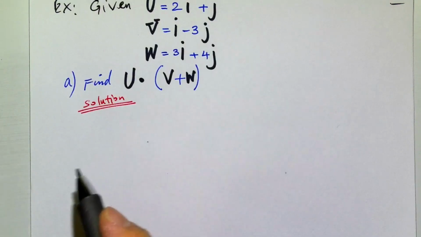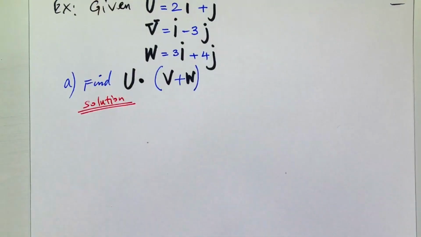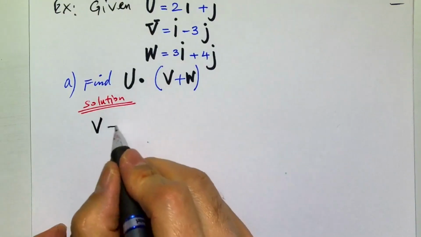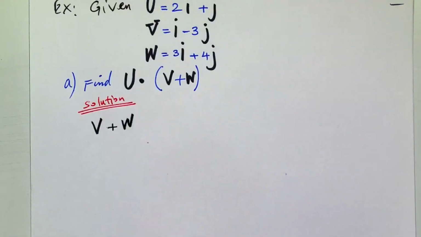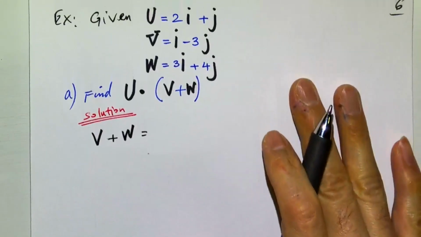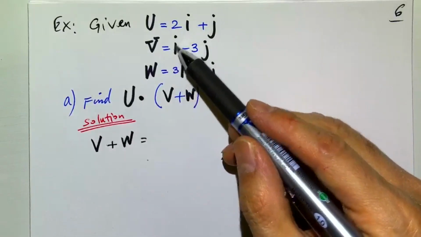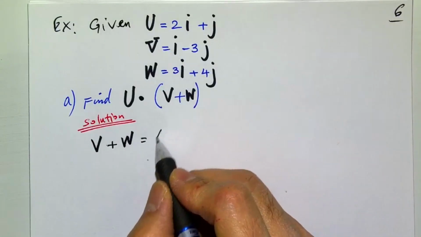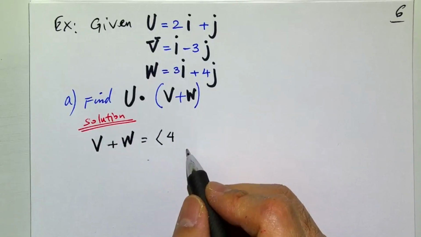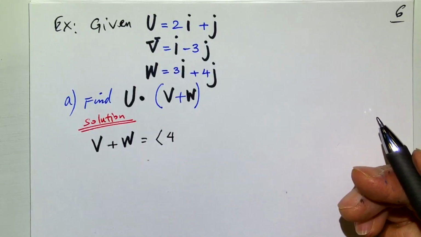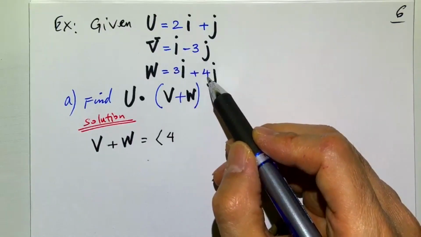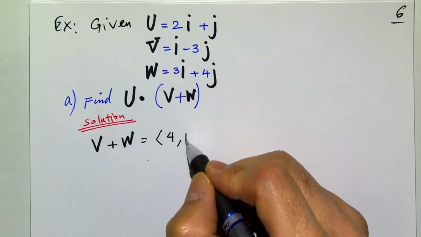So we have v plus w. Let's add the equivalent components, the horizontal components. 1 plus 3, that would be 4, right? Or 4i, if you prefer. It makes no difference. So 4, and then minus 3 plus 4, that's positive 1.